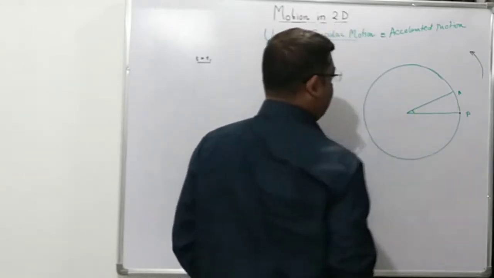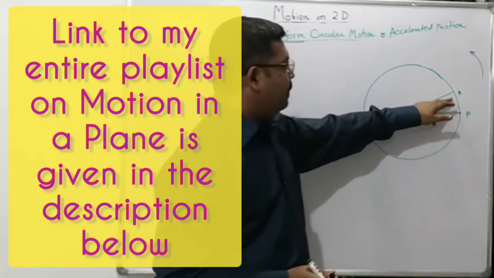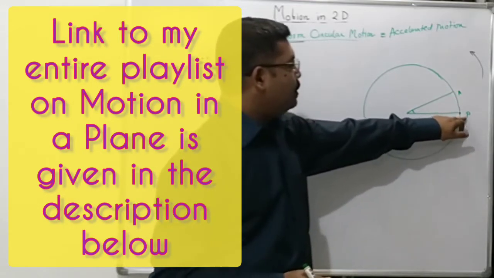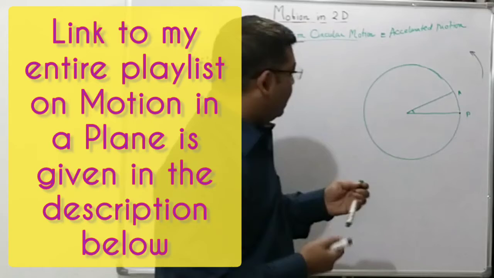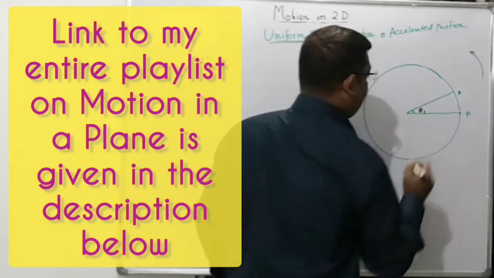This path, the point and the original position will subtend an angle at the center. Let's call this angle, say, theta 1.